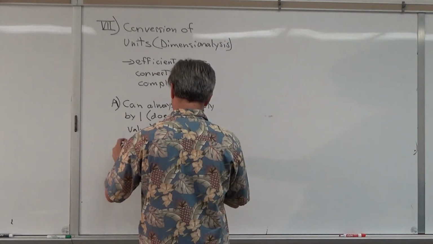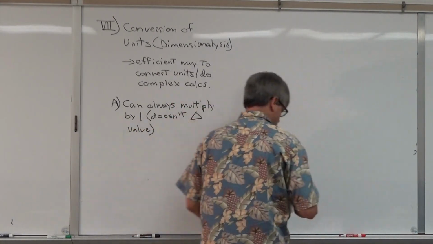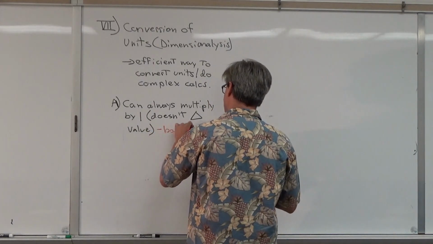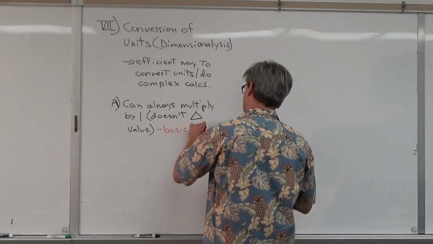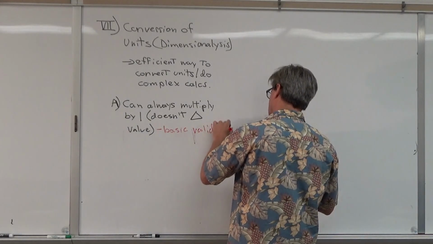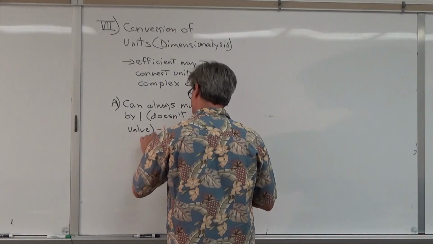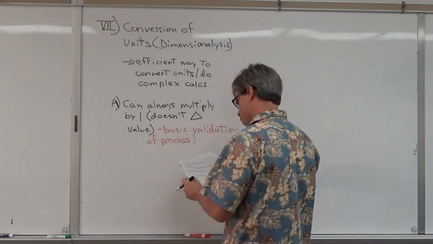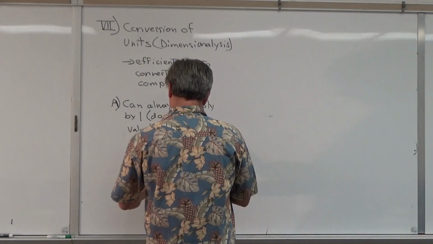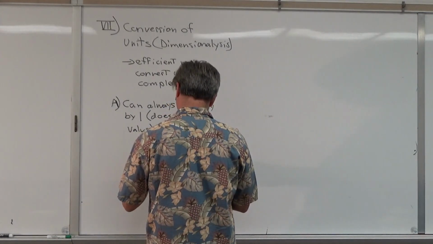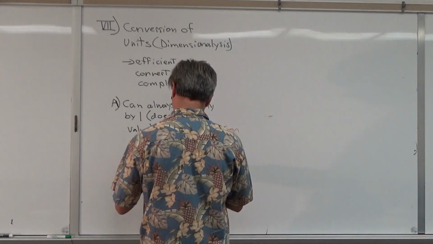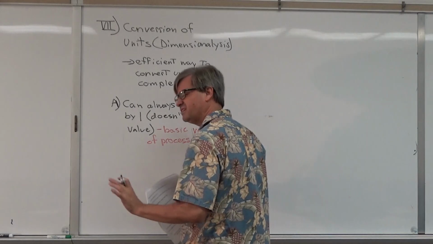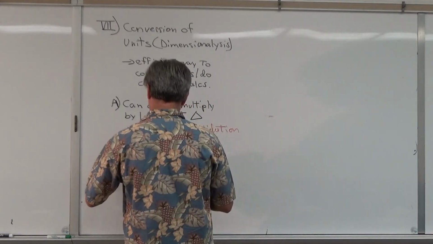And this is the basic validation of the process. I have an example. Multiply some number by 1, you get the same number. I think you guys are comfortable with that. Okay, so B.